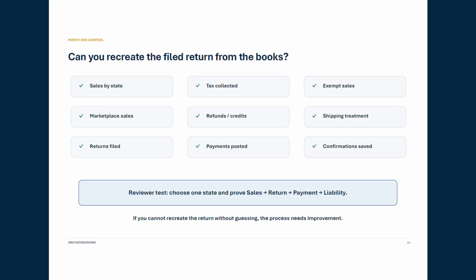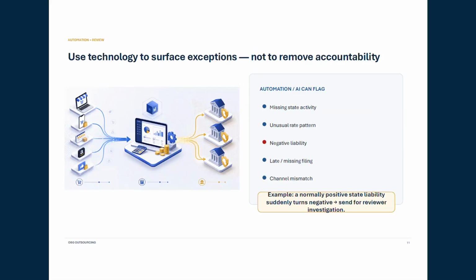A strong control is to pick one state each month and perform a complete proof: sales report to return, to payment, and payment back to the liability account. If you cannot recreate the return without guessing, the process needs improvement.